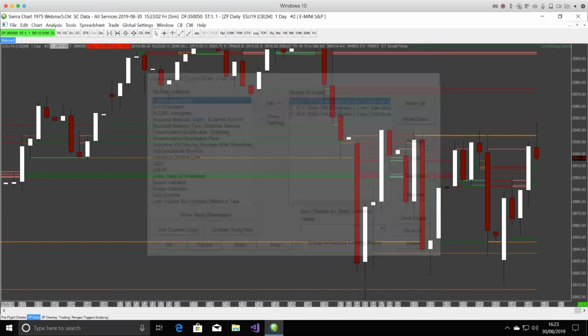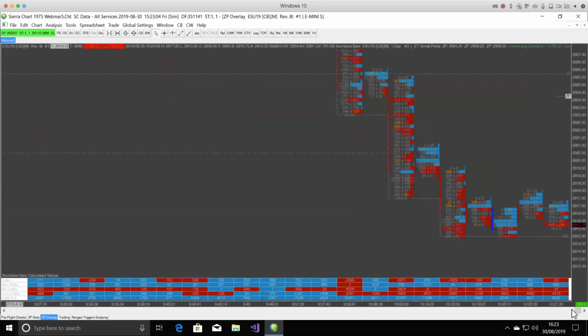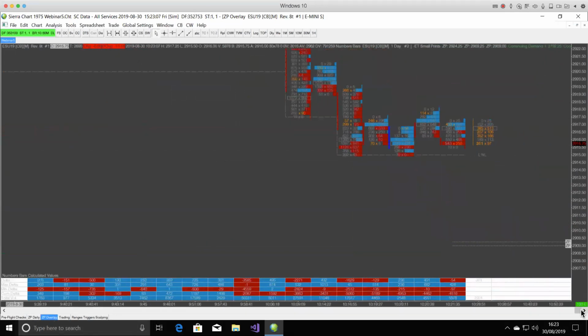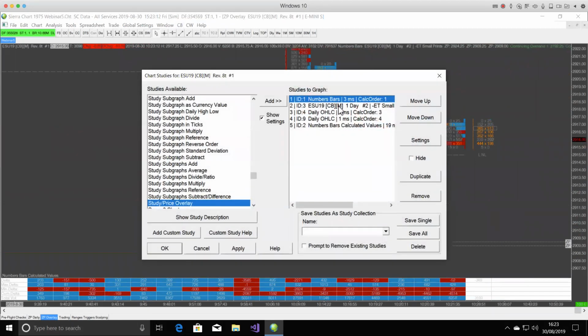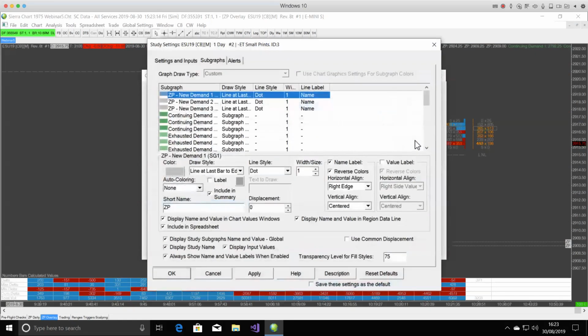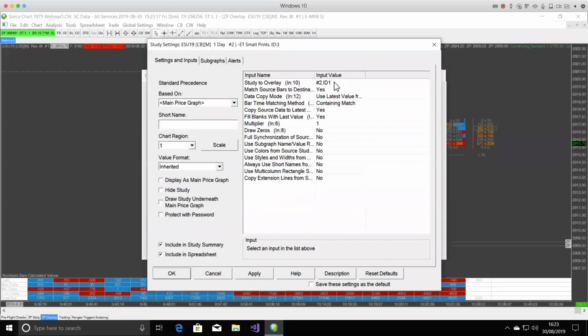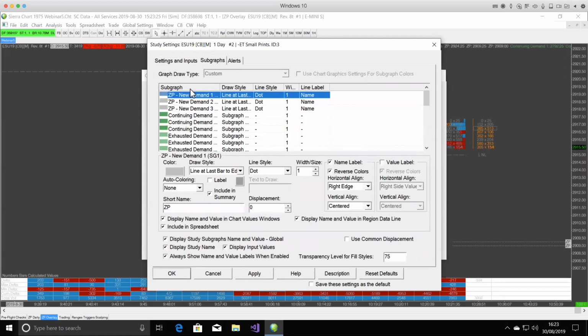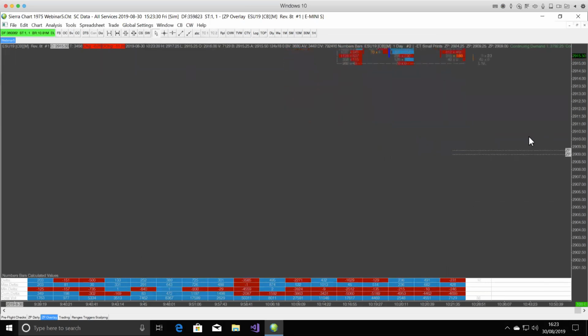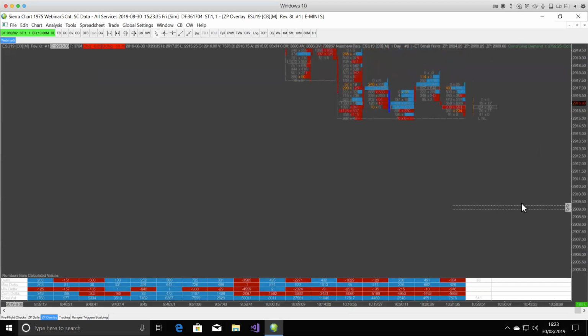And what that allows me to do on another chart, where I'm getting closer to the action, it's one of my trading charts, by using the Sierra Chart study price overlay study, I'm able to pull in from the daily chart the small print study and populate a few subgraphs, and only want to see the new untested zero print levels. Now I can overlay them on a chart where I might want to be closer to my execution. So this allows me to save screen real estate.